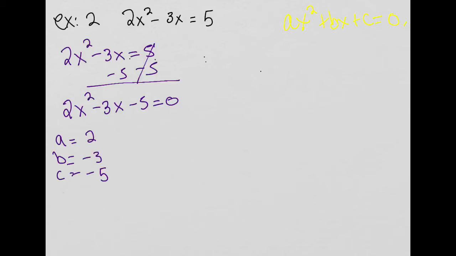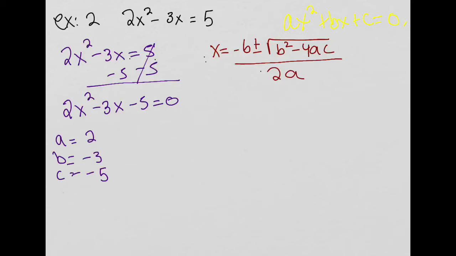Again, just to review and make sure I practice as much as possible, I'm going to write my quadratic formula, which is x equals negative b plus or minus the square root of b squared minus 4ac over 2 times a. I'm going to go ahead and substitute my values.